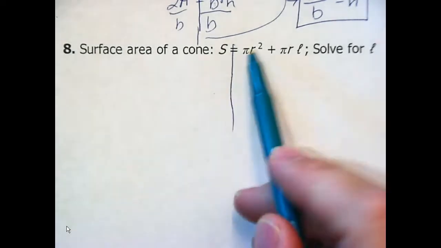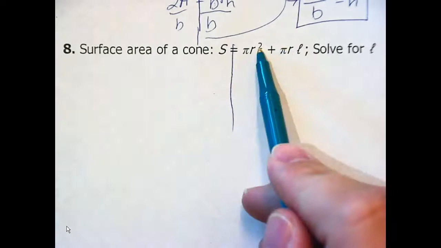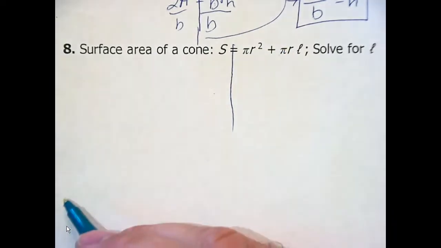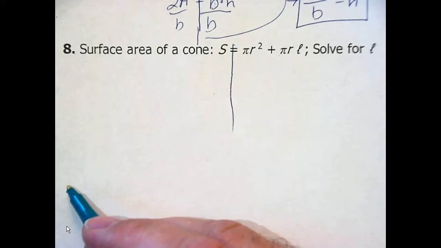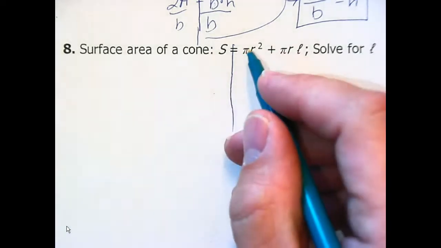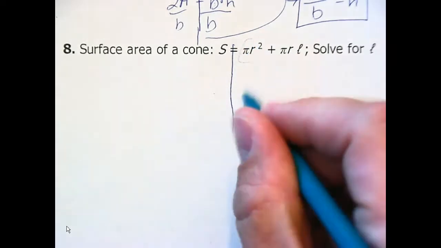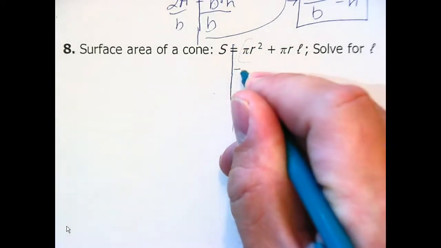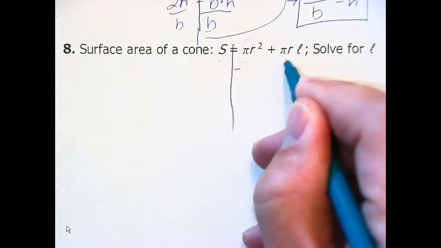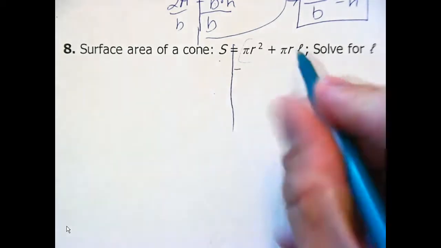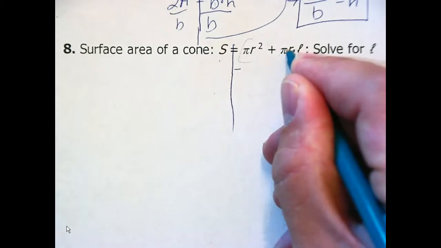Can't combine these. This is an R squared, that one's an R. I could minus this. Is that what you're talking about? Minus this? Can't minus that. It's connected by multiplication.